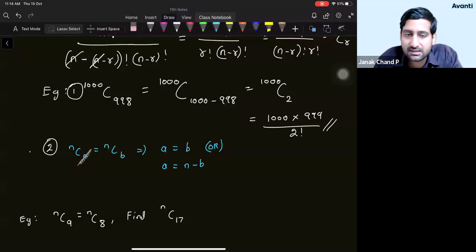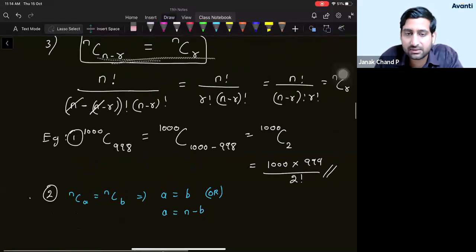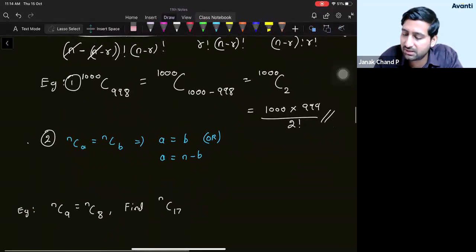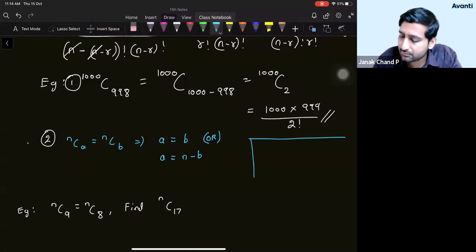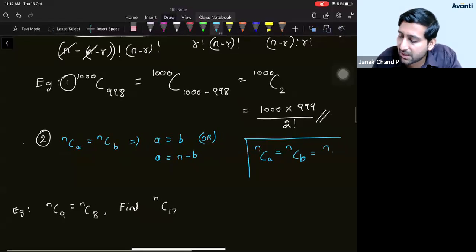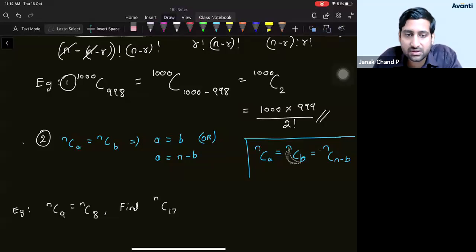Either this a is exactly equal to b, possibility number one, or this a can be equal to n minus b. This particular thing is written directly with the help of this. See here, the explanation of this is this. nCa will be equal to nCb, and this will further be equal to, student, nC(n minus b). Yes, because nCb is the same as nC(n minus b), this b can be replaced with the difference of these two.